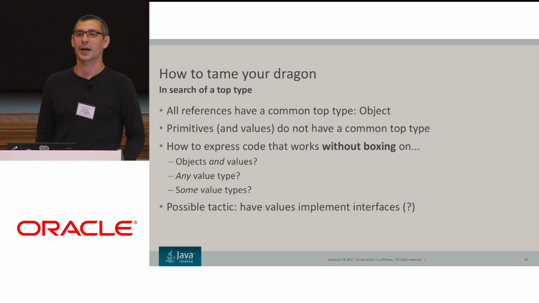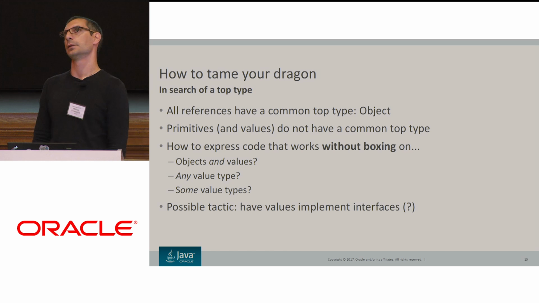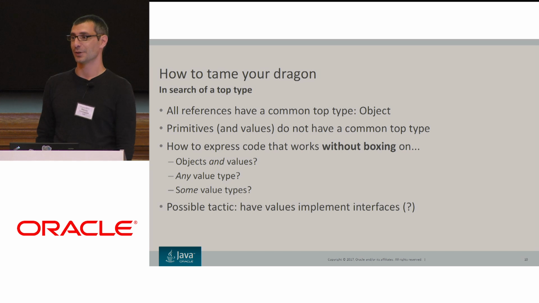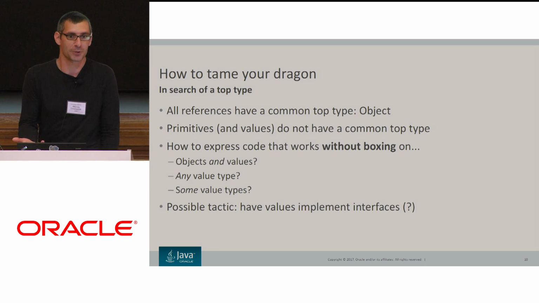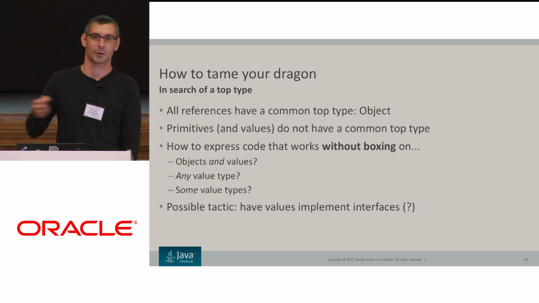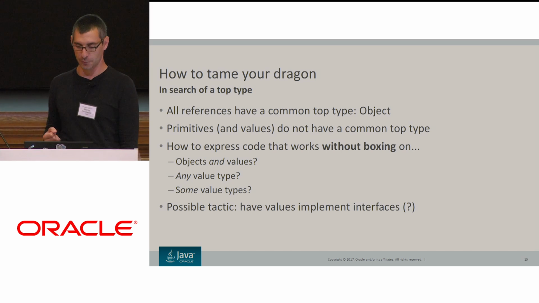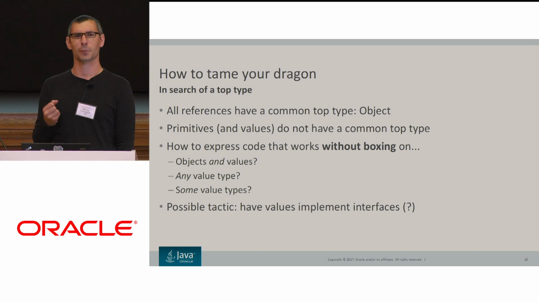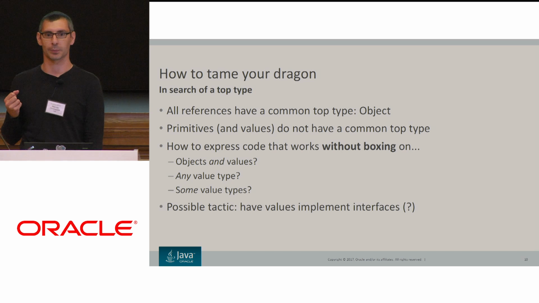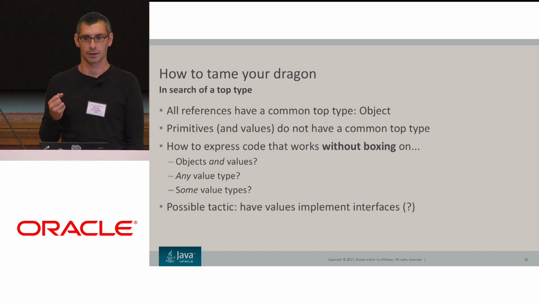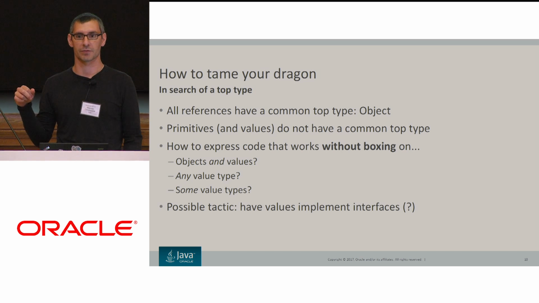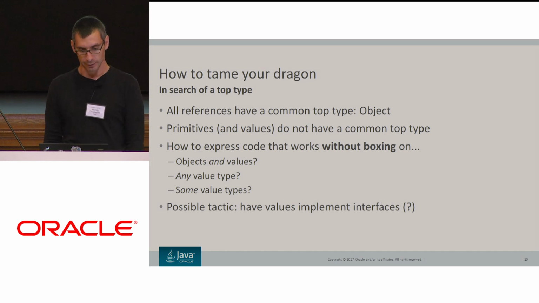The first problem you encounter when you add values on top of the Java language is a problem of top types. So in Java, every reference type has a top type, java.lang.Object, and you can pass references around when an object is expected, no problem. What about primitives? Primitives don't have a top type, right? And by extension, since values work as an int, values don't have a top type either.